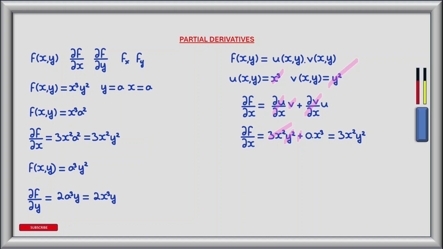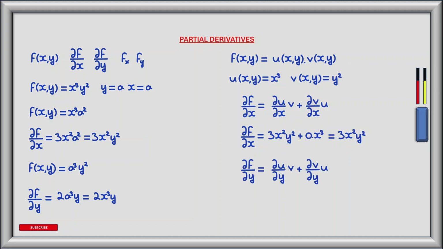Its derivative with respect to x is 0, as y is seen as a constant, and this is multiplied by u, where u is equal to x cubed. So the partial derivative of f with respect to x is equal to 3x squared y squared.